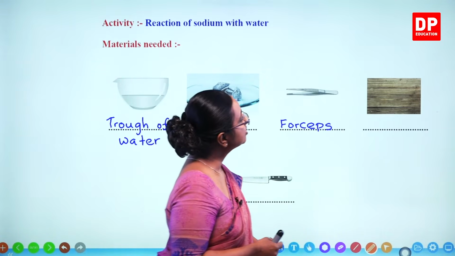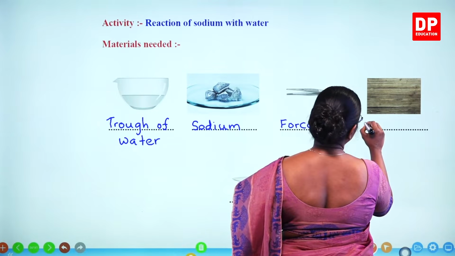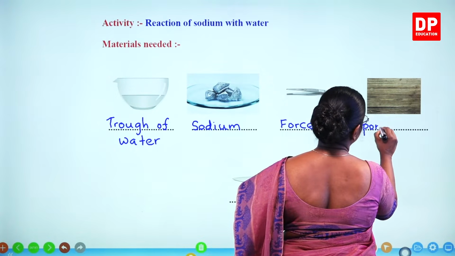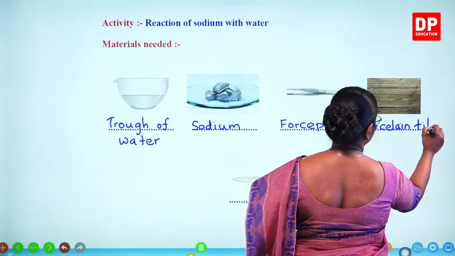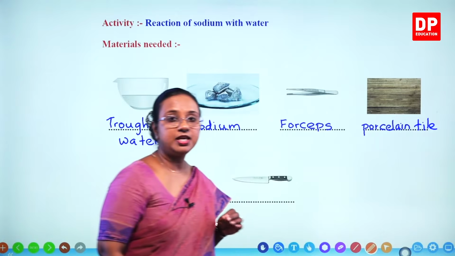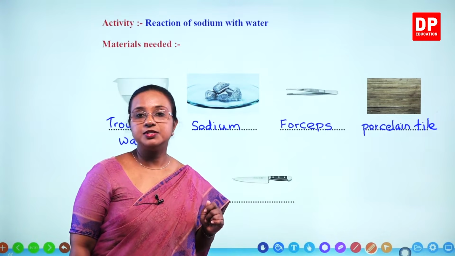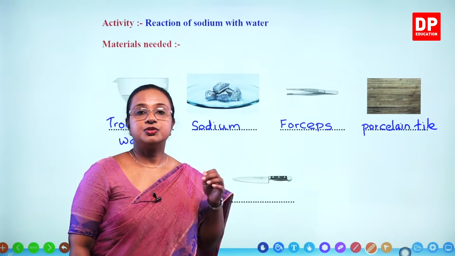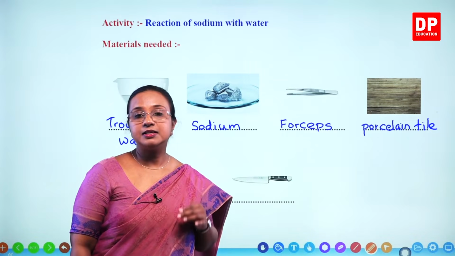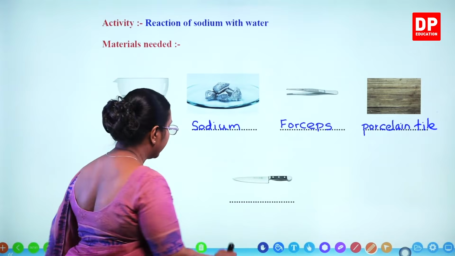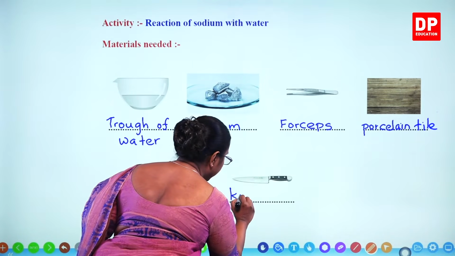And to place it, we need the porcelain tile. And we'll be using only a small piece of the sodium metal. So to do that, we will need to cut and get a small piece. So for that, I'll be needing the knife.